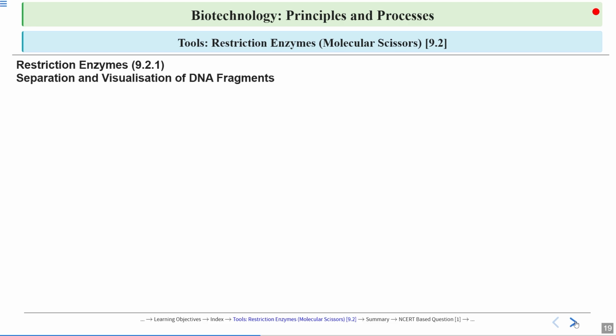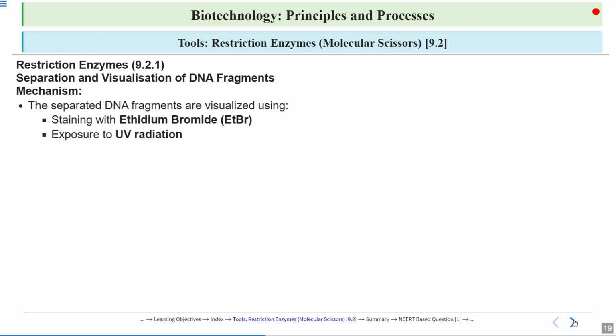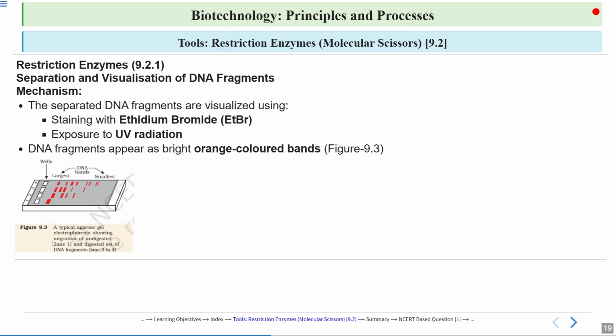Okay. Now we have separated the DNA fragments, but we can't see DNA fragments with our naked eyes, even in the visible region. So for that, we use a staining method and exposure to UV radiation. We stain the DNA with ethidium bromide and expose it to UV radiation, and we find that the DNA fragments appear as bright orange colored bands in the agarose gel, as shown in the figure.